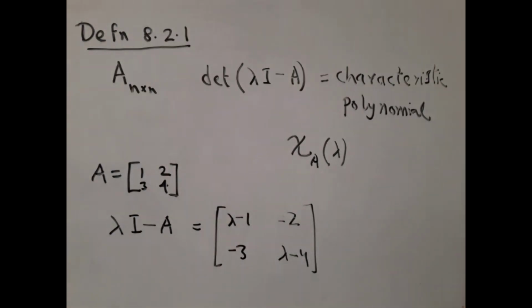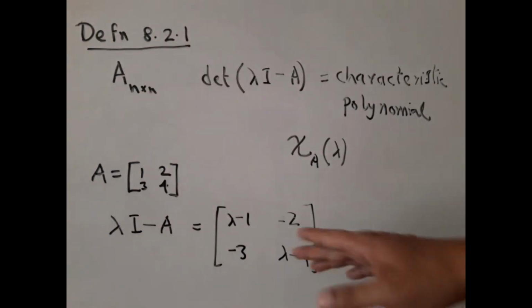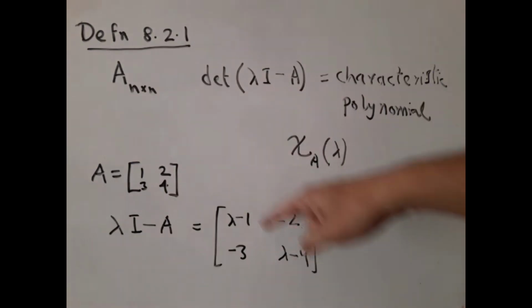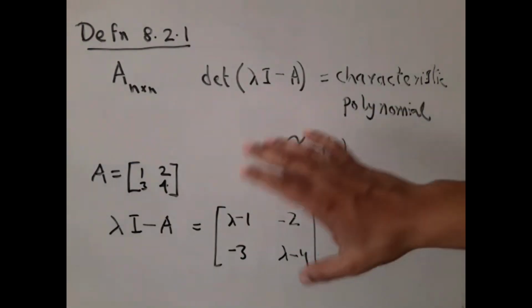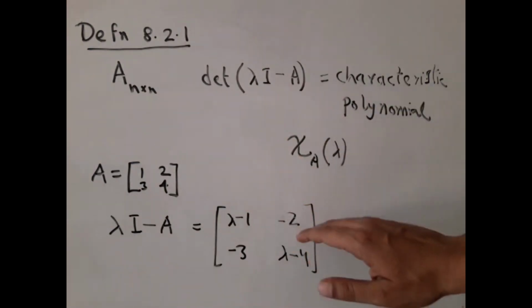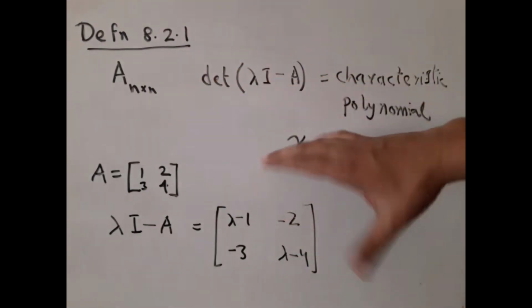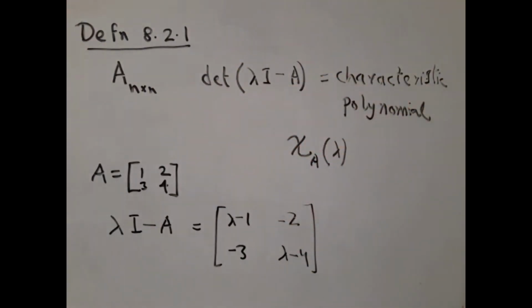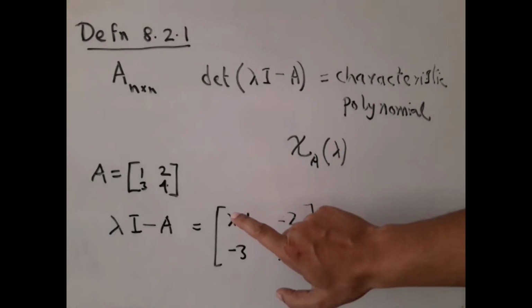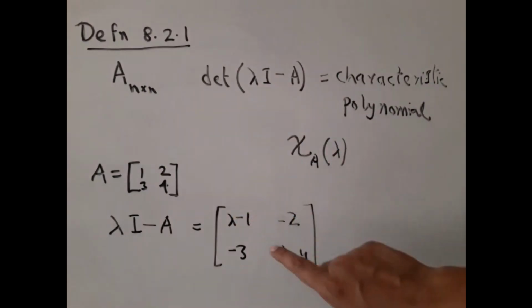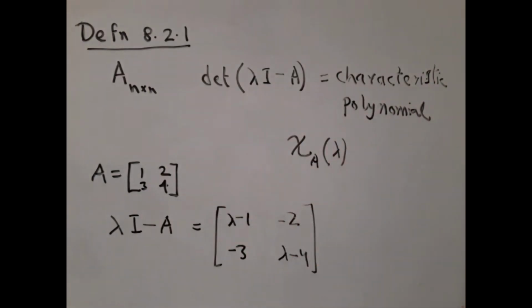Now, this is only a 2 by 2 example, but for a general case, you can easily see that you will have only lambda terms in the diagonals. Now, what is the determinant? Determinant is basically a sum of products of many terms, and in each of those terms, you will have exactly one entry from each row and each column.